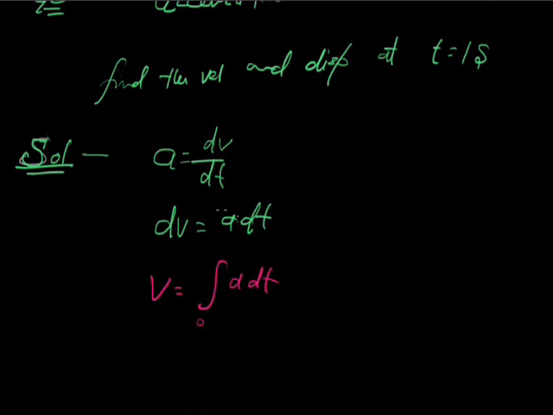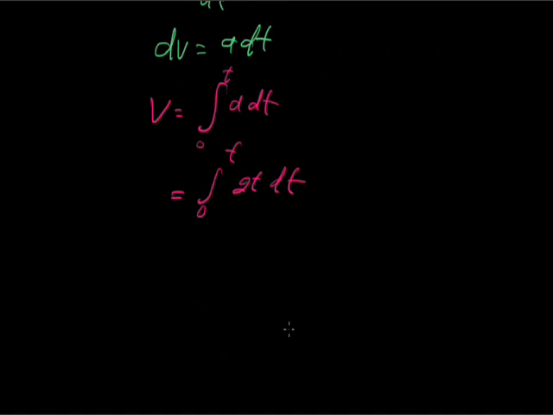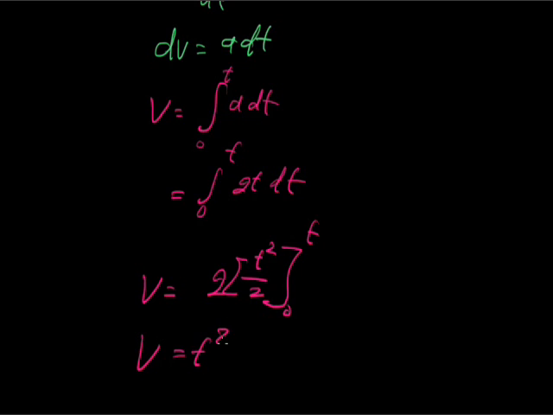A is given by 2t, so from 0 to t, the integral of 2t dt. So v is equal to 2 into t square by 2, from 0 to t. At the time t, v is equal to t square.